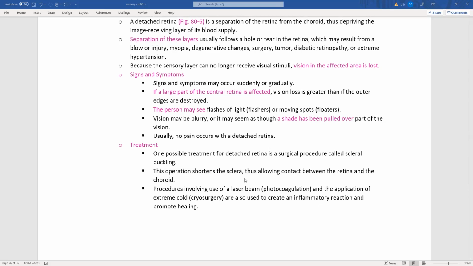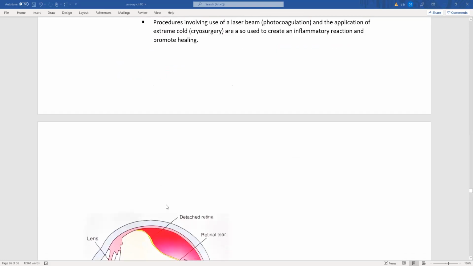The operation shortens the sclera, thus allowing contact between the retina and the choroid. Procedures involving use of a laser beam, like photocoagulation, and the application of extreme cold, which is cryosurgery, are also used to create an inflammatory reaction and promote healing. So these are the treatments.